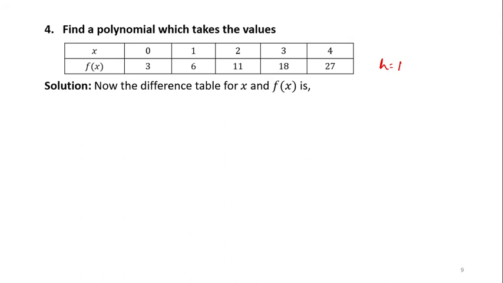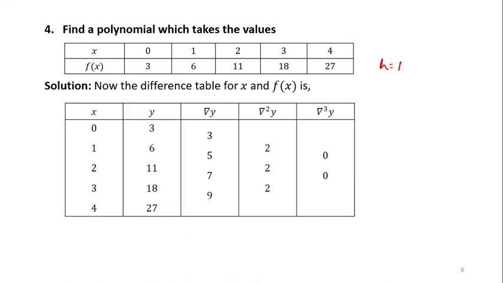Now write down the difference table for x and f of x. Here first column contains the values of x, that is 0, 1, 2, 3 and 4. In the next column, write down the values of y, that is 3, 6, 11, 18 and 27. In the next column, we write the first differences of y, that is 6 minus 3, 3, 11 minus 6, 5, 18 minus 11, 7 and 27 minus 18, 9.